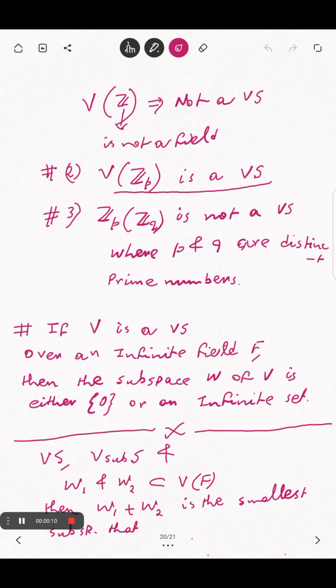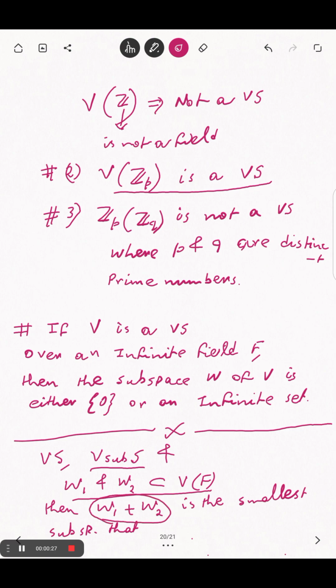Hope you have enjoyed my last one, that is part 1 of linear algebra, and there we have discussed vector spaces and vector subspaces. If W1 and W2 are two subspaces of V over F, then W1 plus W2 is the smallest subspace.